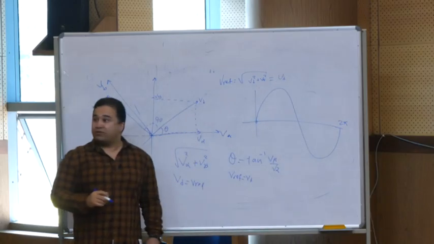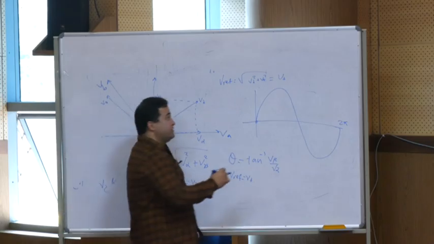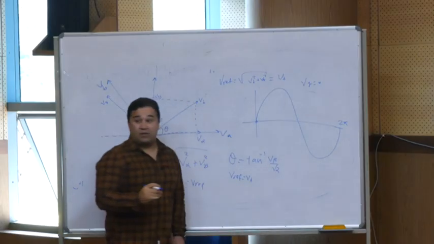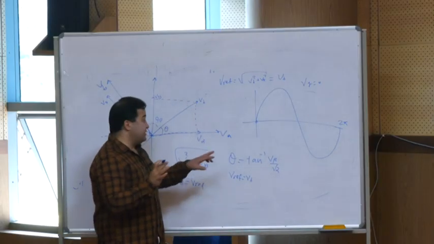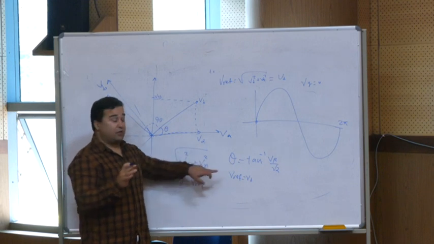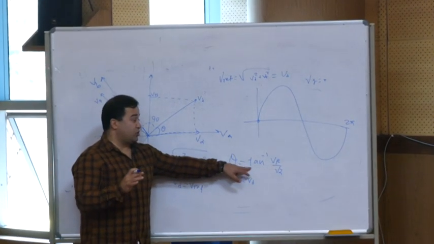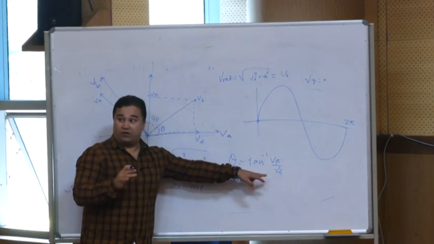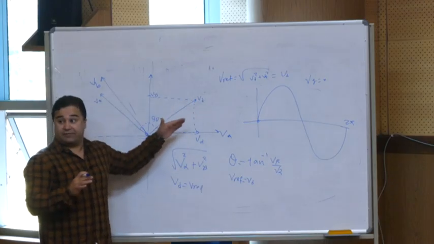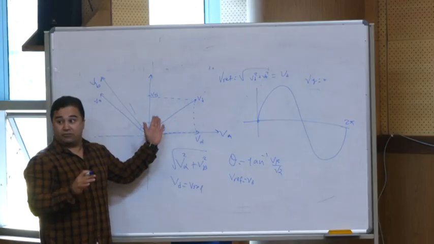What is the conclusion? VQ is 0. If we consider theta like this, the direction of VD will be in the direction of V reference. Then VQ will be equal to 0.